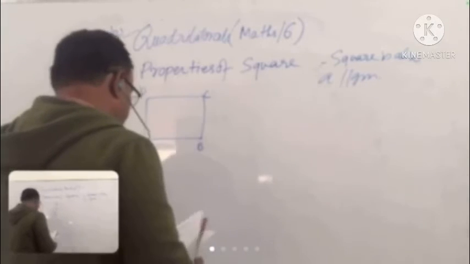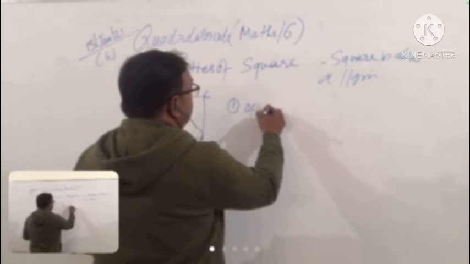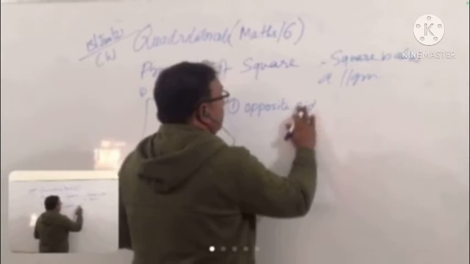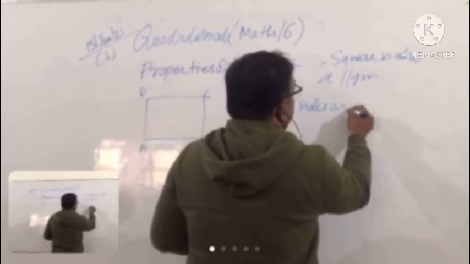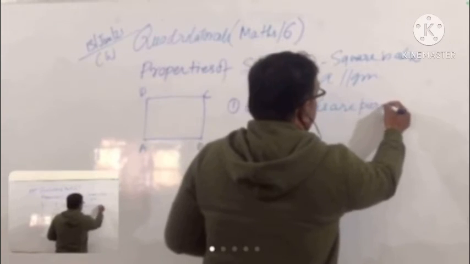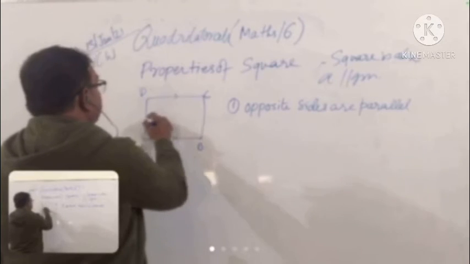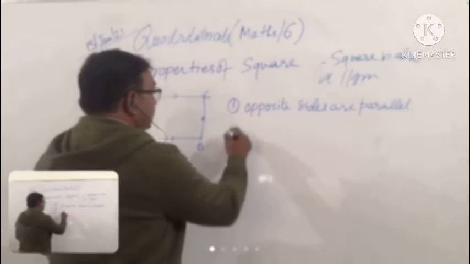The first property is opposite sides are equal and opposite sides are parallel. Equal also, but in a square all the sides are equal. So it's clear opposite sides are parallel because adjacent sides are never parallel.